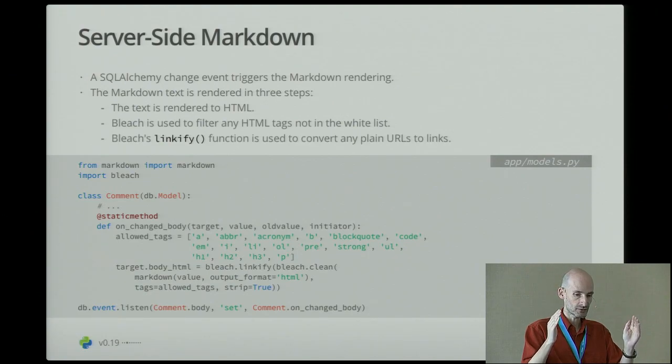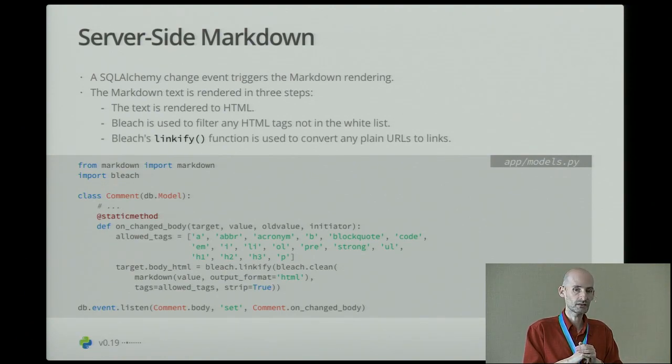Okay, so now I have a clean HTML. One thing that Markdown doesn't do, but Pagedown on the client does, is to linkify links. So if you type a link and don't make it a link, it shows it as a clickable link. Markdown, the syntax does not support that. So to make the server-generated HTML the same as the client, I added a call to bleach.linkify.